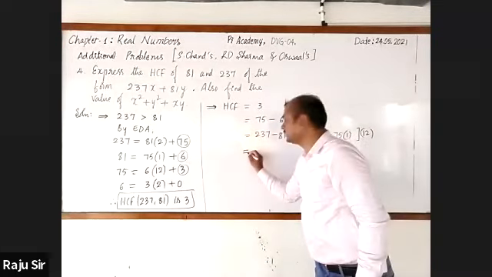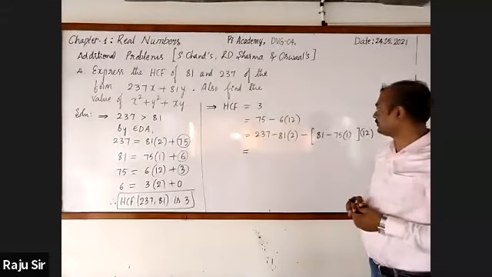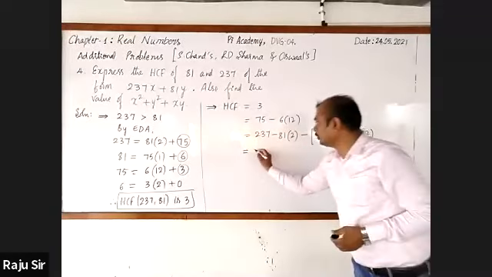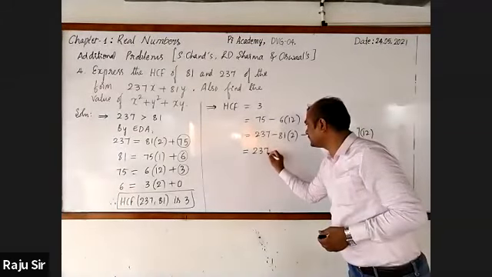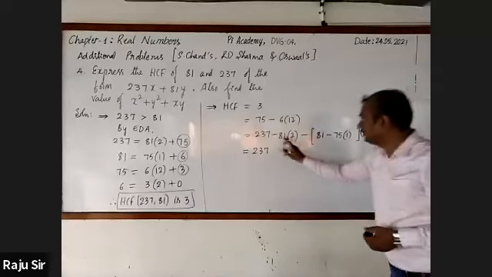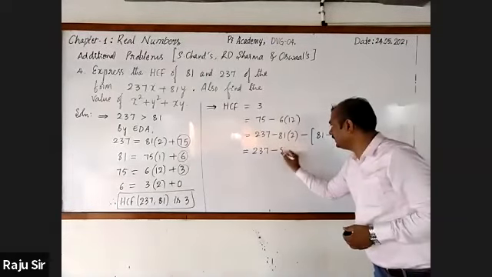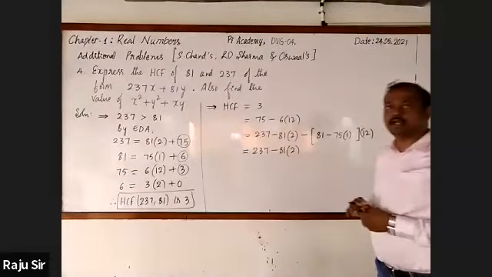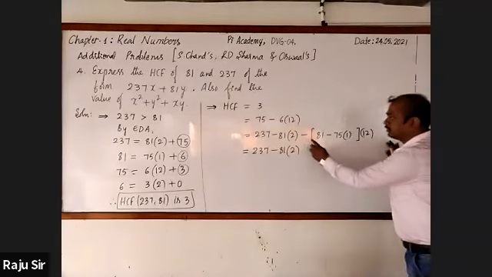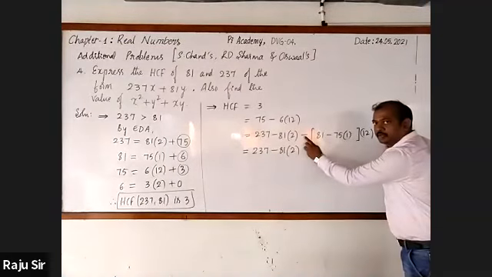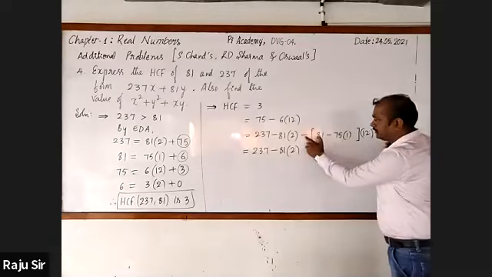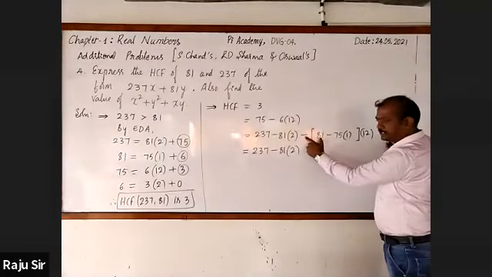Next, this is equal to, here 237, I'll write it as it is, 237 minus 81 2 times. Now look at the board. Minus 81 is there.